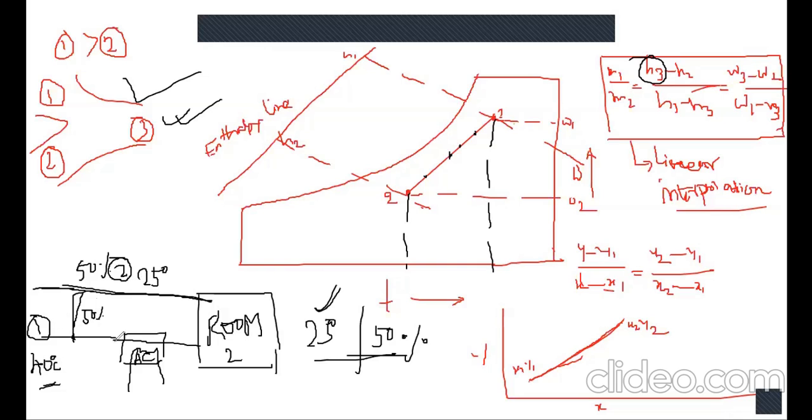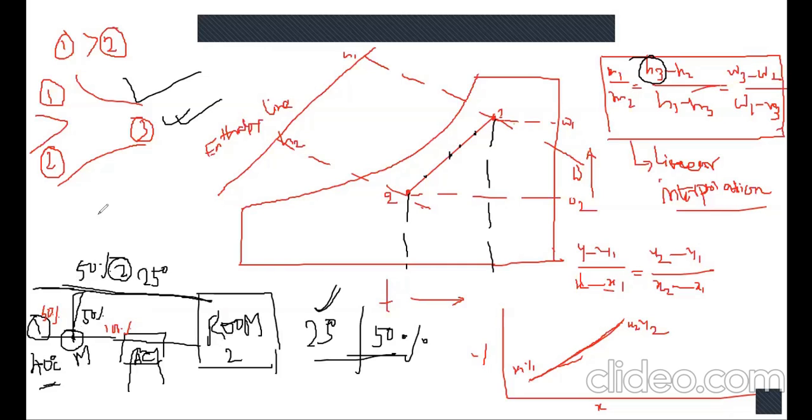So before processing, we use mixing. Before the AC, 50% outside air and 50% used air mix together, and we get 100% air before the AC. After that, it is conditioned and then supplied to the room.